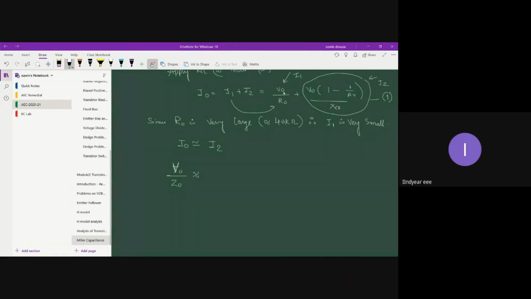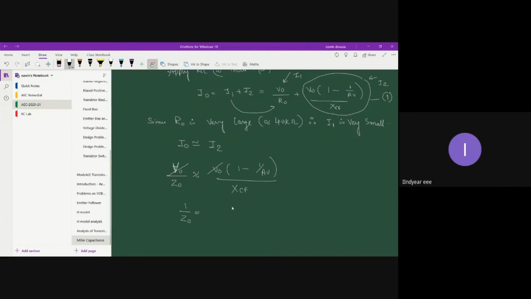I1 we have neglected, so this is approximately equal to V0 into 1 minus 1 by AV divided by XCF. So you can cancel out V0 from both sides. So basically, your output impedance is greatly affected by the Miller capacitance itself. So 1 by Z0.